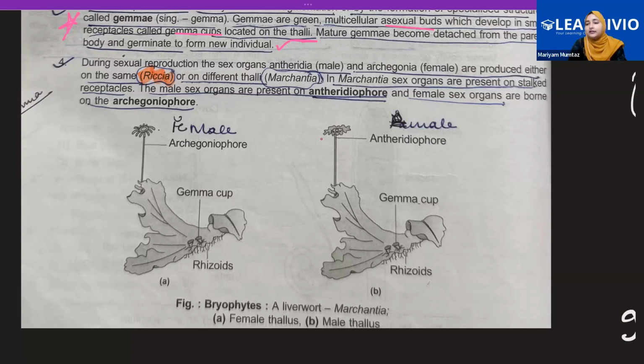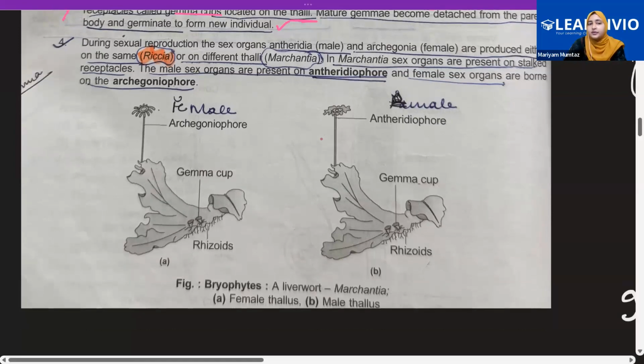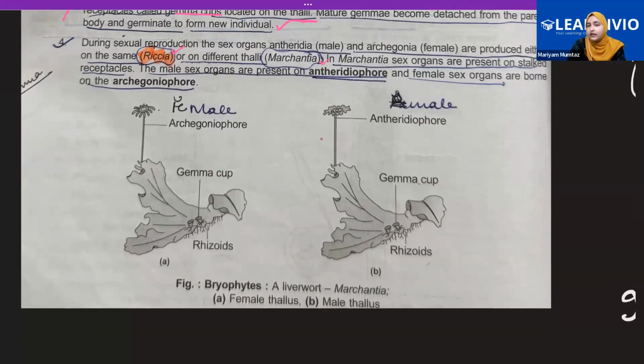Now, the male and the female sex organs could be produced on the same thallus, such as in the case of Riccia. Or they may be produced on different thalli, as in the case of Marchantia. So in the case of Marchantia, the sex organs are present on 2 separate thalli. Male sex organs are represented by the antheridiophore and the female sex organs are on the archegoniophore.